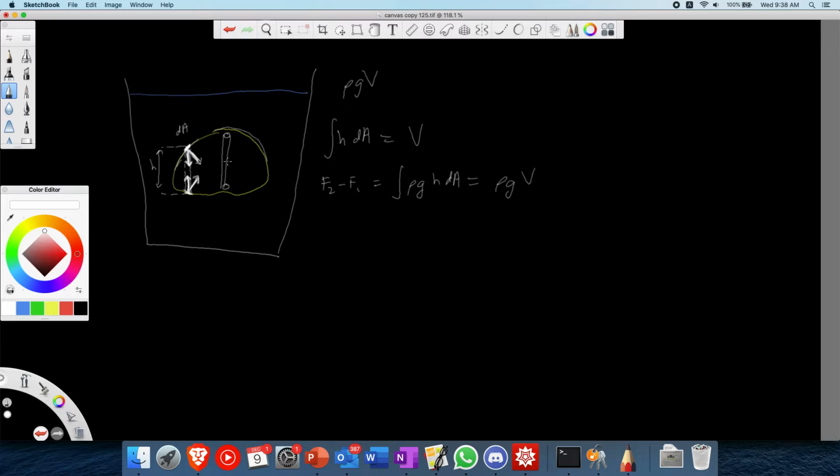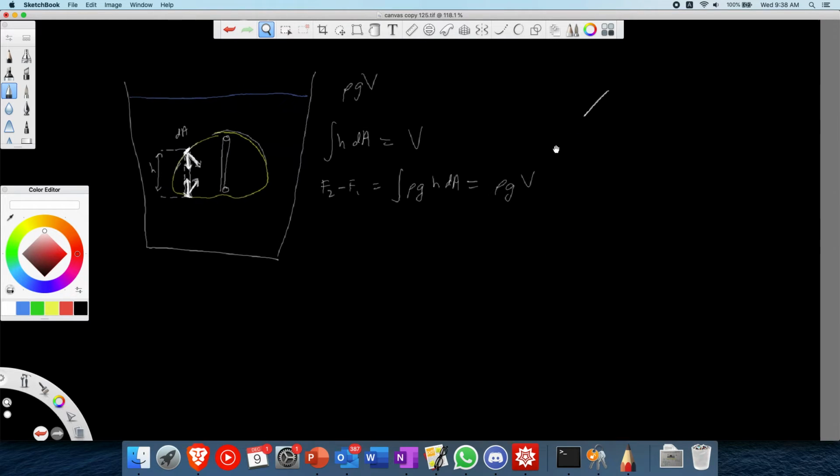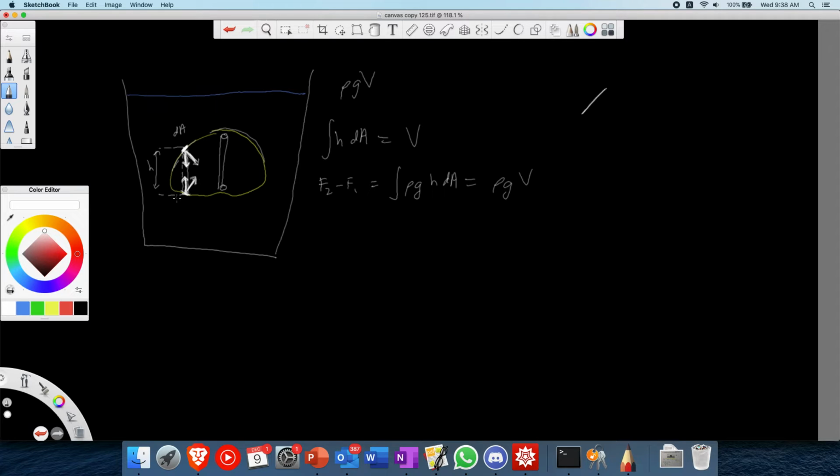I don't want to go through the exact derivation because it involves quite a lot of complicated cosines and sines and resolution of vectors. But the argument is that for any solid body of any shape, in the end the integral is just going to give you the volume of the object.